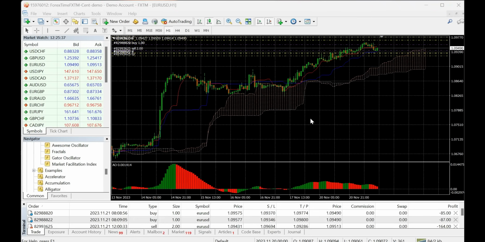So in the strategy I shared with you, if the price is above the Ichimoku Cloud, it implies an upward trend, so you are looking for buy opportunities. If the candlesticks start forming below the cloud, it implies a downward trend, and you're looking out for short trades or sell trades.